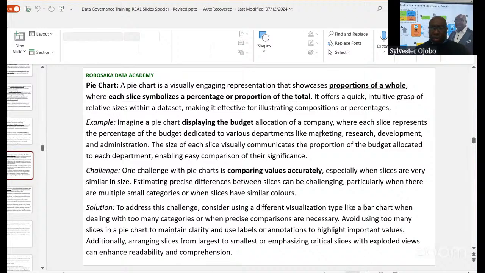The solution is to consider a different visualization type like a bar chart when dealing with too many categories or when precise comparison is necessary. Avoid using too many slices in a pie chart to maintain clarity, and use labels or annotations to highlight important values. So it's very important.